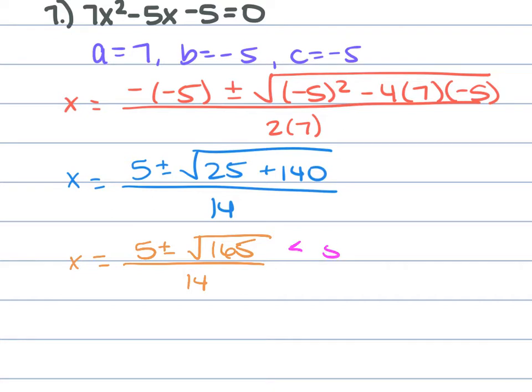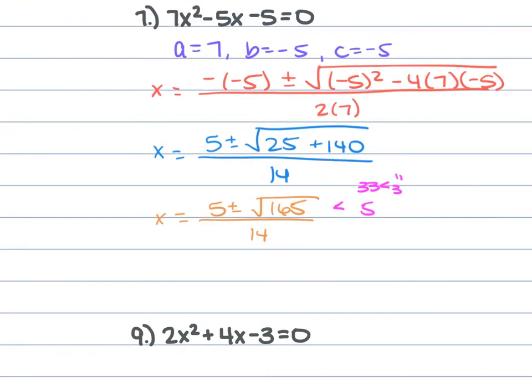That 165 is 5 and 33, and the 33 is just 3 and 11. So we can't simplify that any further, so it's just going to stay that 5 plus or minus the square root of 165 all over 14.